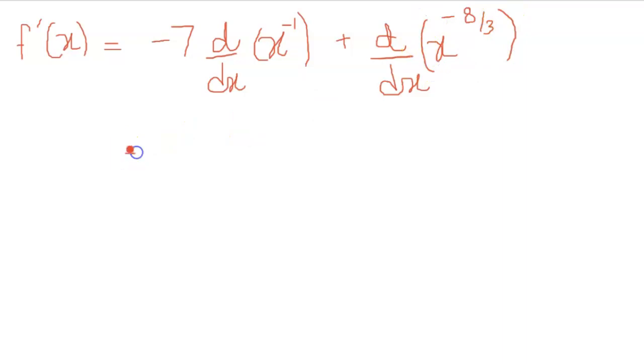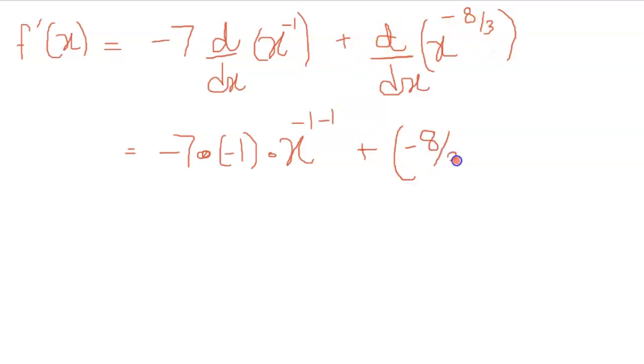The rule states, minus 7 is there, and the power minus 1 comes out, so I put minus 1 in brackets and reduce the power by 1, so x to the power minus 2. Plus, according to the rule, the power comes out, so minus 8 over 3 in brackets, and reduce the power by 1: minus 8 over 3 minus 1.